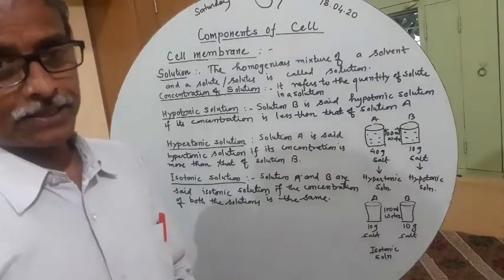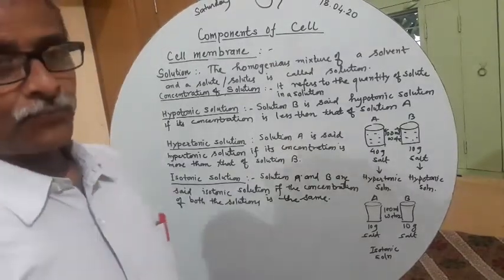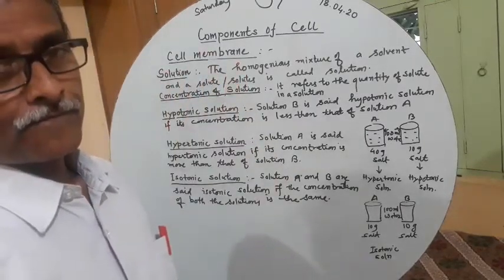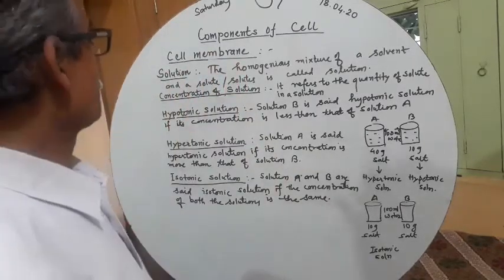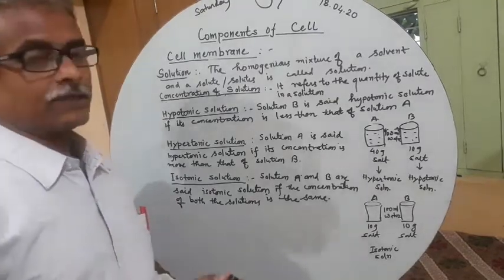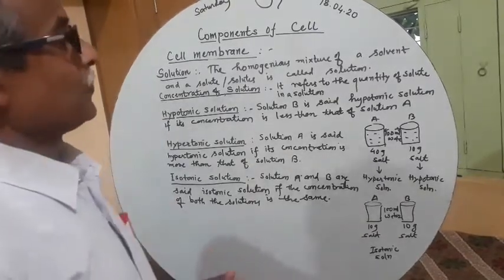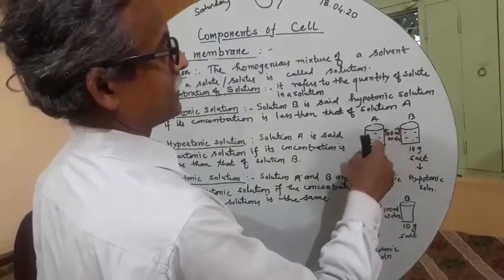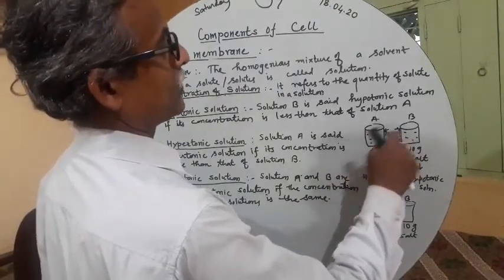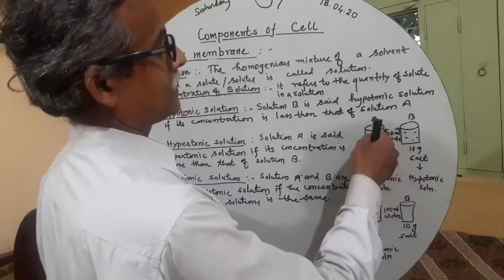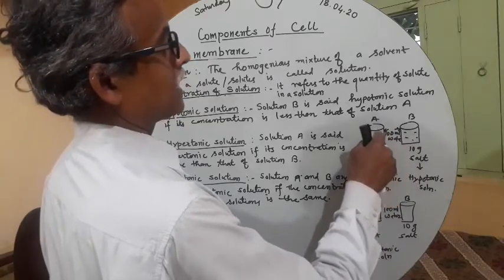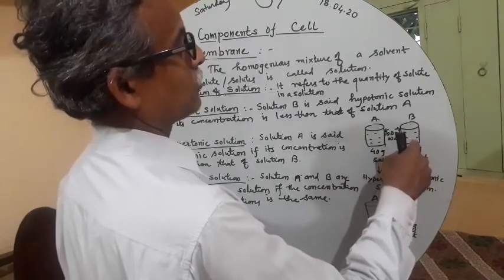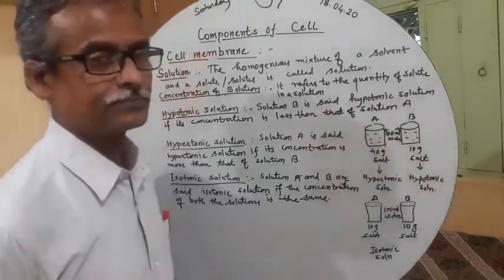and in that condition we find three conditions. In one condition, suppose here in this diagram there are two glasses, in both glasses 100 ml of water is taken, and in glass A 40 gram of salt is dissolved, and in glass B only 10 gram of salt is dissolved in it.